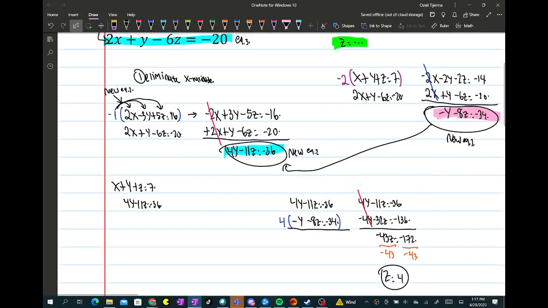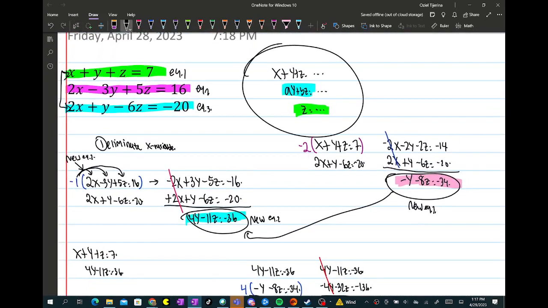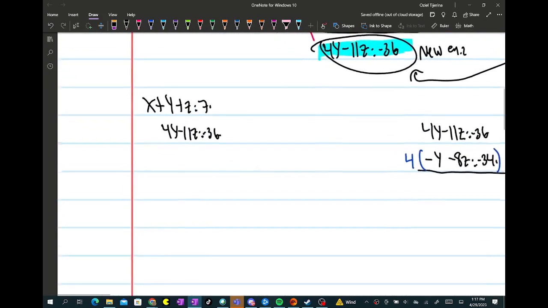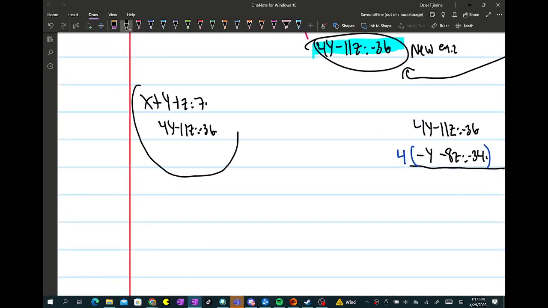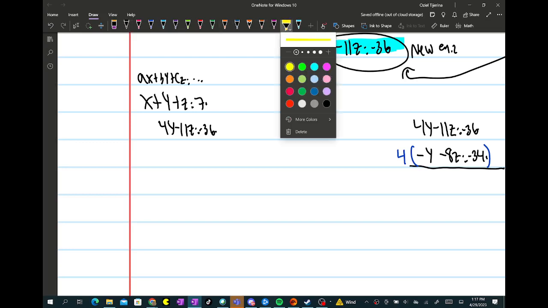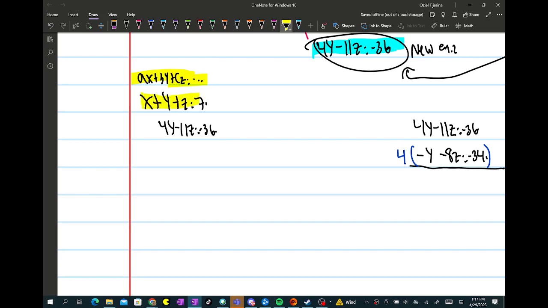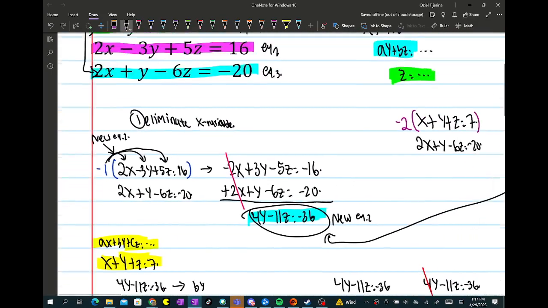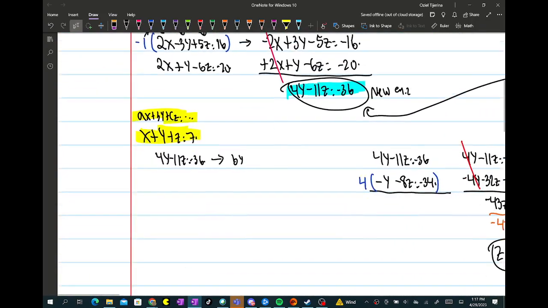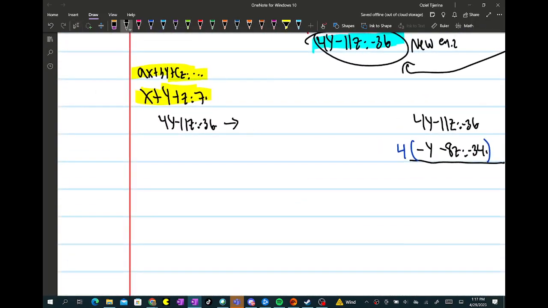So again, the idea was to get it to this form, and I finally did that, because now I have x plus y plus z equals 7, which was, you know, ax plus by plus cz equals dot dot dot. That was the first part, right? And then I also had by plus cz equals dot dot dot.